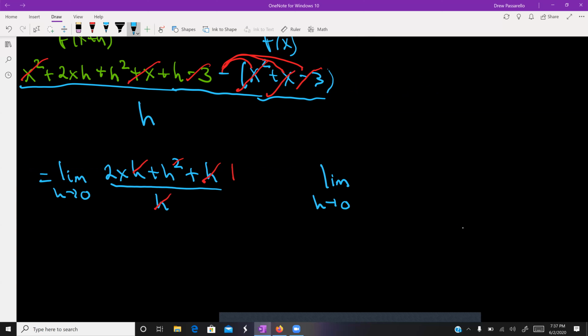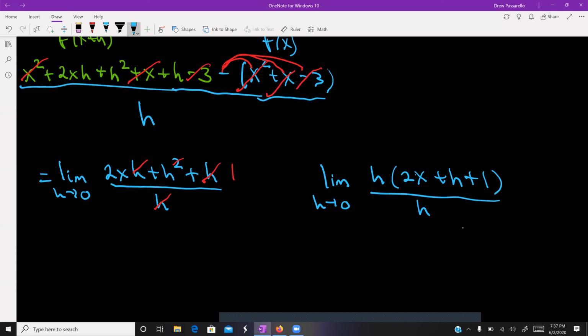If I factor out h up top, that 2xh becomes just 2x, h squared becomes just h, and h divided by h is 1, so plus 1, and all of that's divided by h.